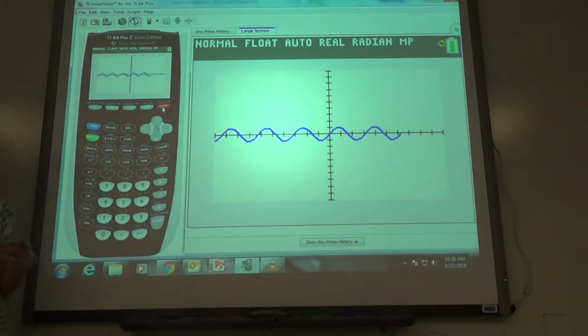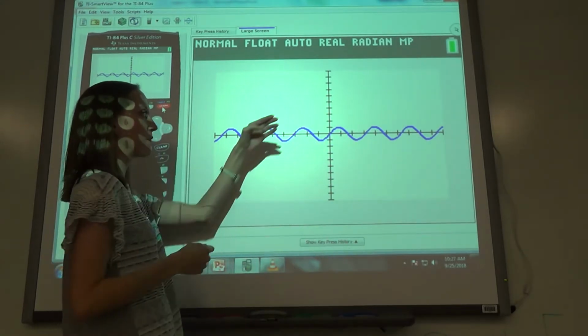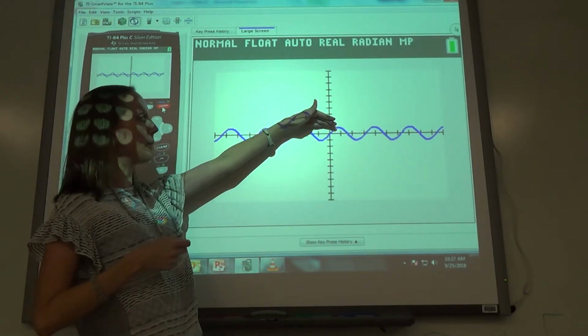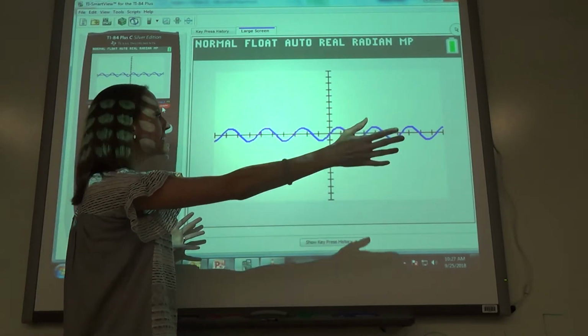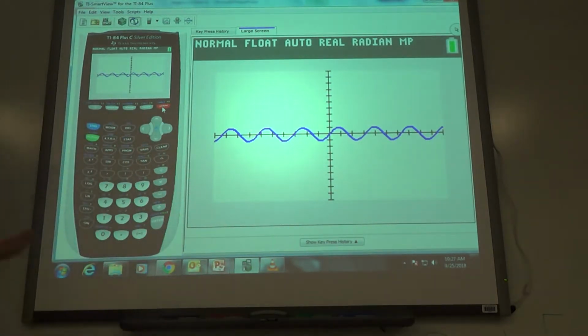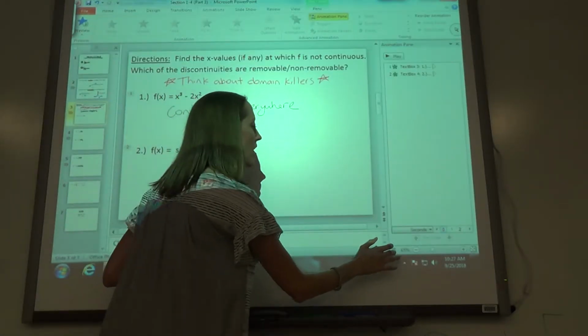Now, if it was tangent or cotangent or secant or cosecant, those all had asymptotes that you would have to worry about. But sine curves and cosine curves, remember cosine just starts up instead of down, those curves are going to be continuous everywhere. Unless there's some kind of a fraction with the trig function in it, I don't think we'll have to worry about that.